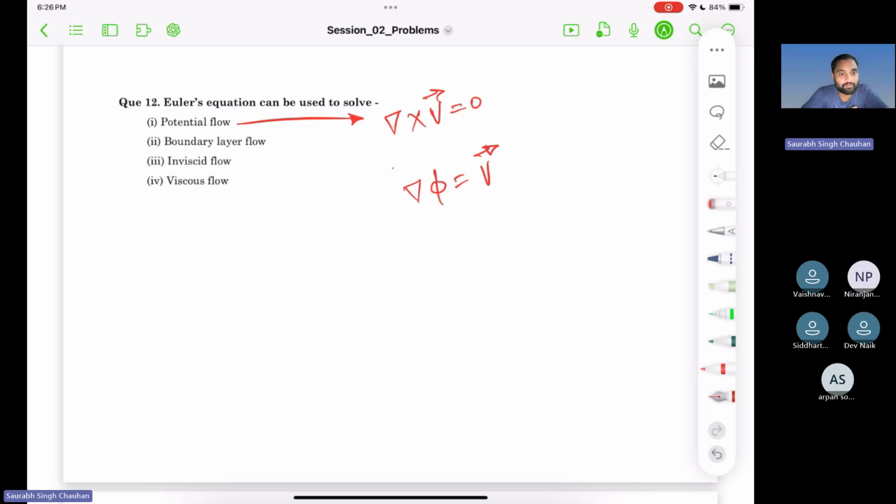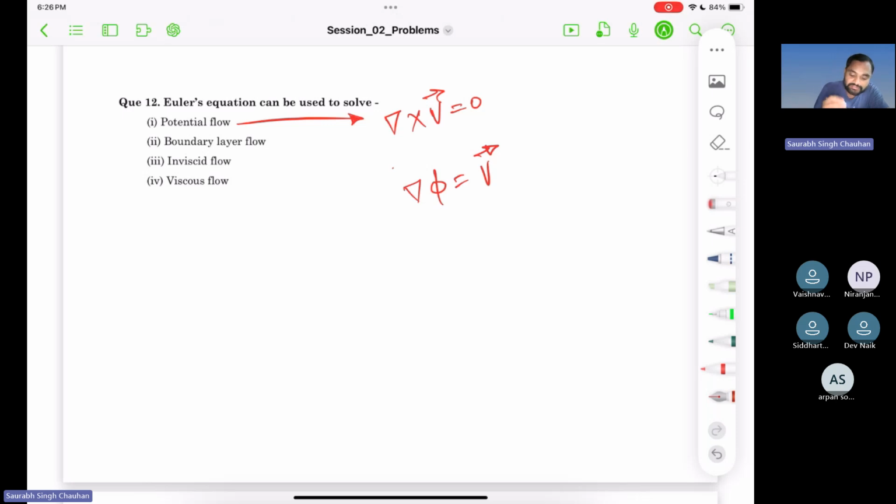If you write the curl of the electric field, it will come out to be 0. In most cases, not always. At least for electrostatics, it is correct.